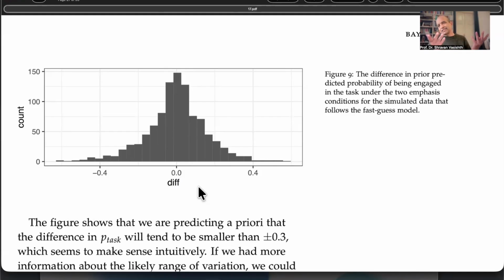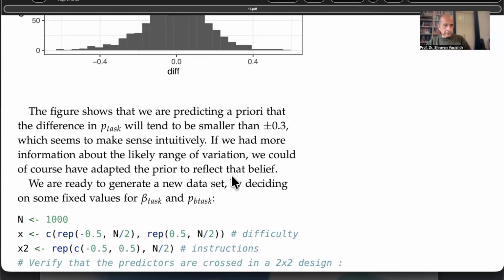So it's a reasonably uninformative prior that represents the difference in probabilities between easy and hard.